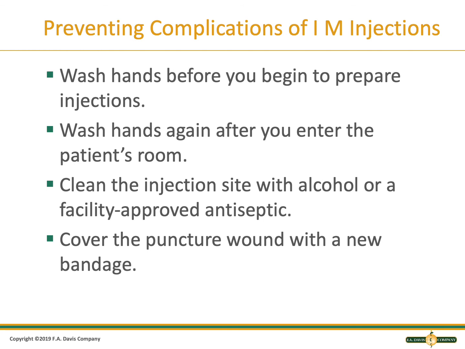Ways of preventing complications for intramuscular injections. Make sure you wash your hands before you begin to prepare injections. Wash your hands after you enter the room. Make sure you clean the injection site with alcohol or a facility-approved antiseptic. And then also cover the puncture wound with a new bandage.